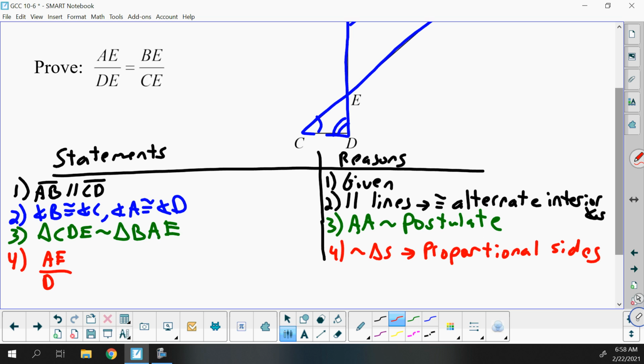So we got AE over DE is equal to BE over CE. So if you see a proportion as your prove, you want to think in your head, okay, this is just a similar triangle proof where I'll get 2 sets of angles congruent, and then I'll go one extra step, I'll do the similar triangles implies proportional sides.